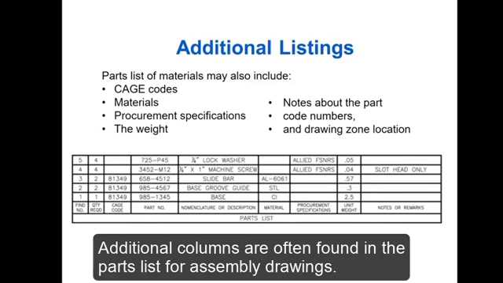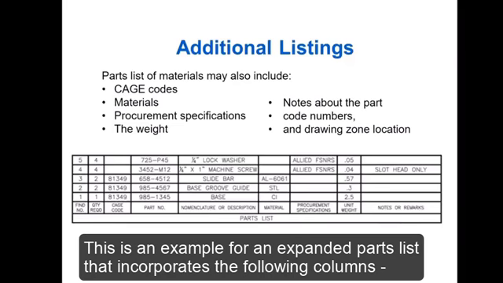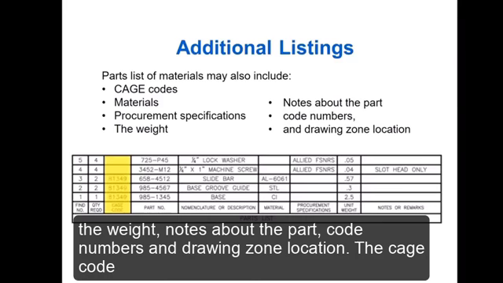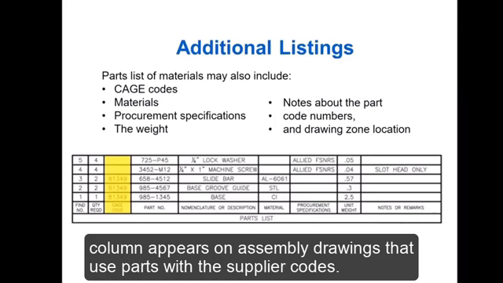Additional columns are often found in the parts list for assembly drawings. This is an example of an expanded parts list that incorporates the following columns: cage codes, materials, procurement specifications, the weight, notes about the part, code numbers, and drawing zone location. The cage code column appears on assembly drawings that use parts with supplier codes.